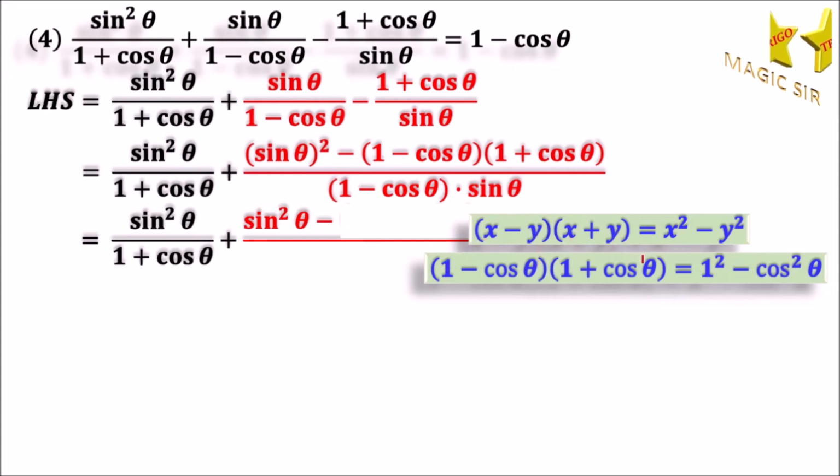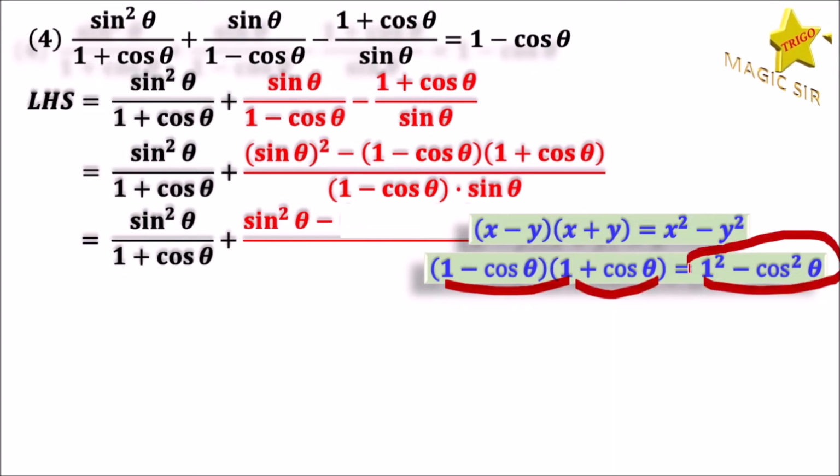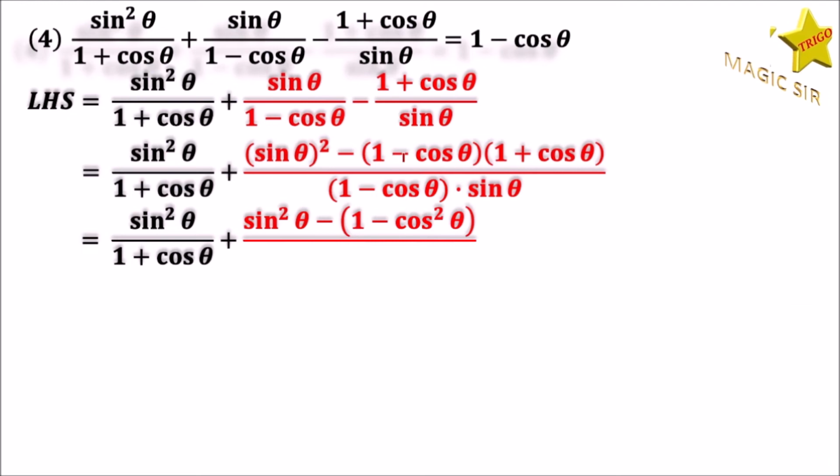So 1 minus cos theta into 1 plus cos theta is equal to 1 square minus cos square theta. That is 1 minus cos theta into 1 plus cos theta equal to 1 minus cos square theta.